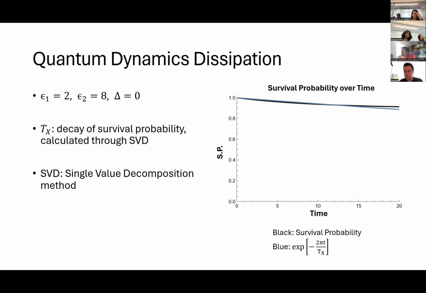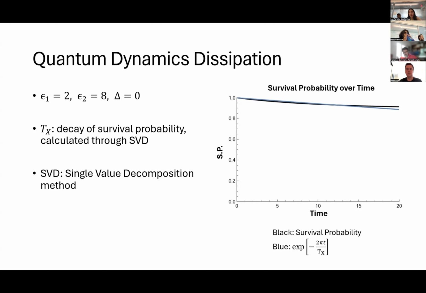Yeah, as Devesh said, the Tx represents a quantity that is provided by the Lindblad operator using this method, the singular value decomposition on the Lindbladian. And the black line is the survival probability with the environment. Okay, are we going to learn about this singular value decomposition method or not? At the moment, no. We're just using it.